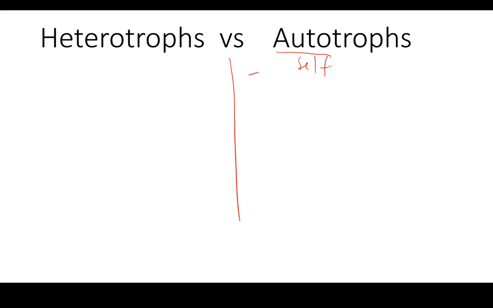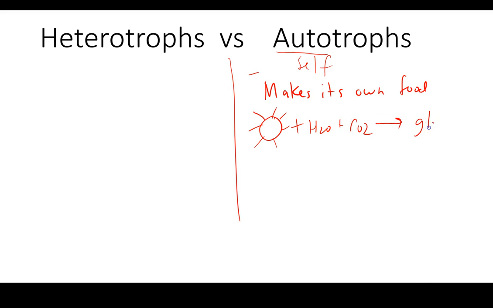Self-eater, self-feeder. So it's an organism that makes its own food. Okay? Most of the time, that's using energy from the sun plus water plus CO2 to make glucose. Okay, so that's what we're looking at for an autotroph.